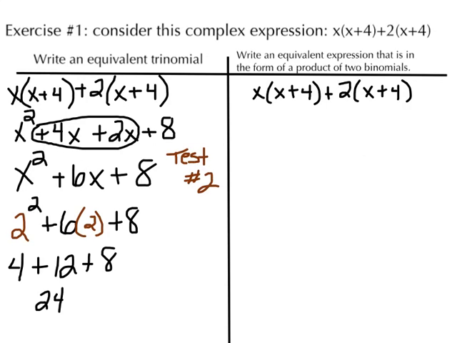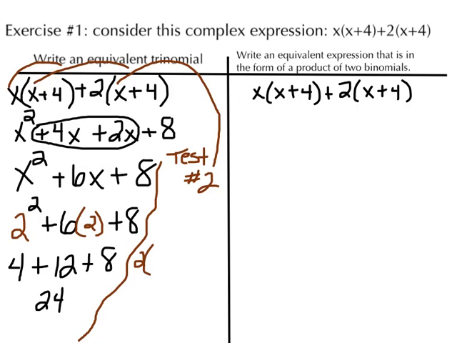Now if I take 2 and I plug it into this expression in all three of these spots, let's see what I get. I'm going to just draw a little line down here and do my test down there. I'm going to get 2 times 2 plus 4 plus 2 times 2 plus 4.